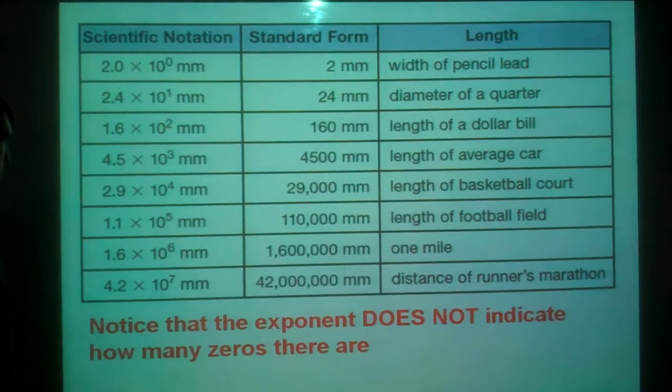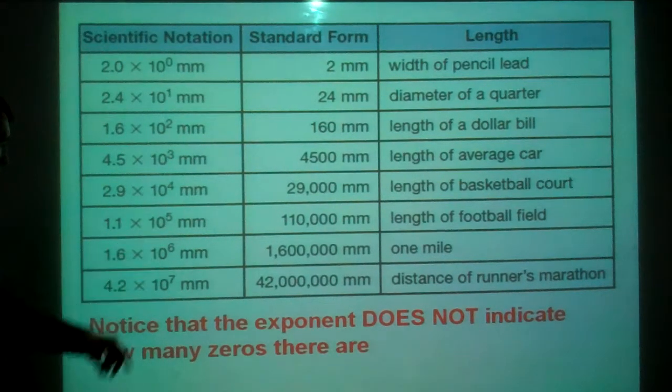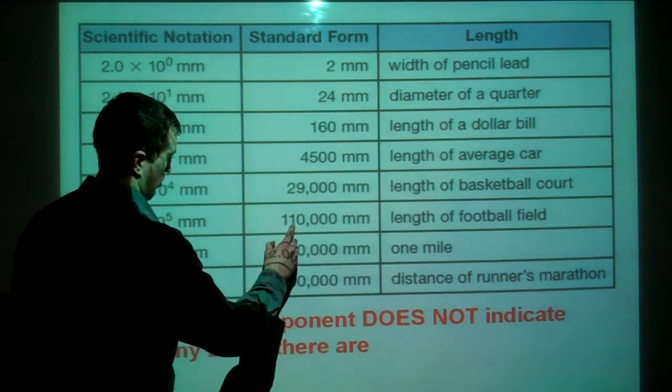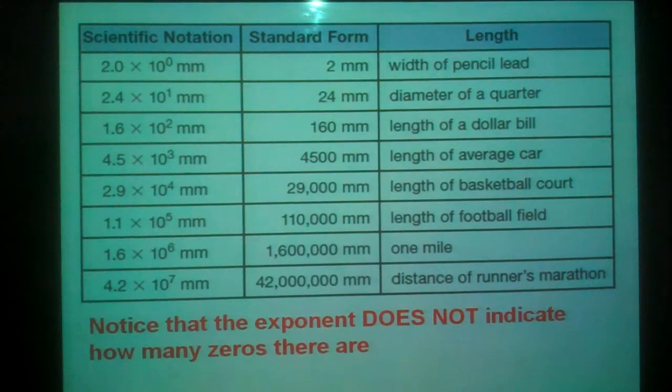Sometimes it might, but it's actually telling us how many spots to move our decimal over. Let's look at this one. 1.1, we're moving it 5 times. 1, 2, 3, 4, 5. So we get 110,000 millimeters. Okay? So, just to point that out.